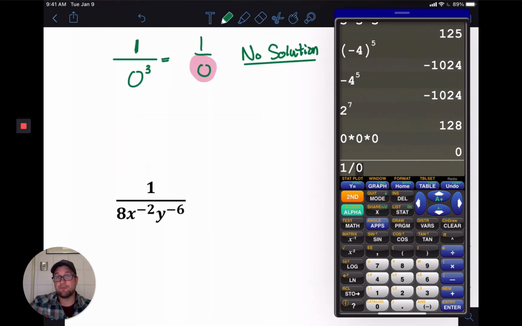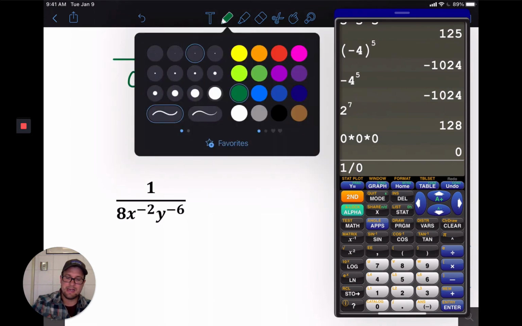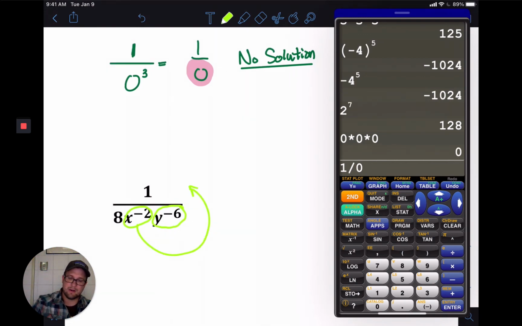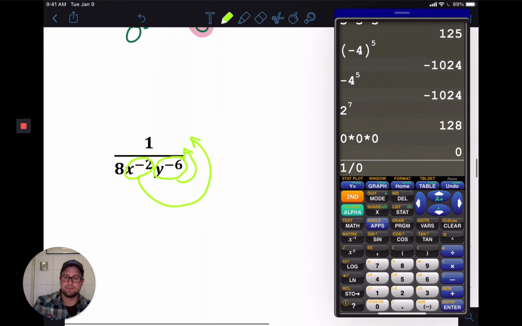Here's another problem for you to consider. In this problem, notice how we have negative exponents. Again, negative exponents are never okay. Anytime you have something with a negative exponent, though, you can make that exponent positive by moving it to the other side of your fraction.